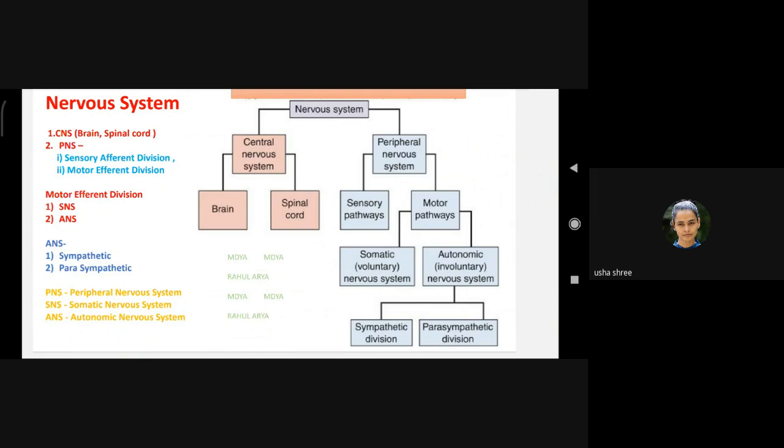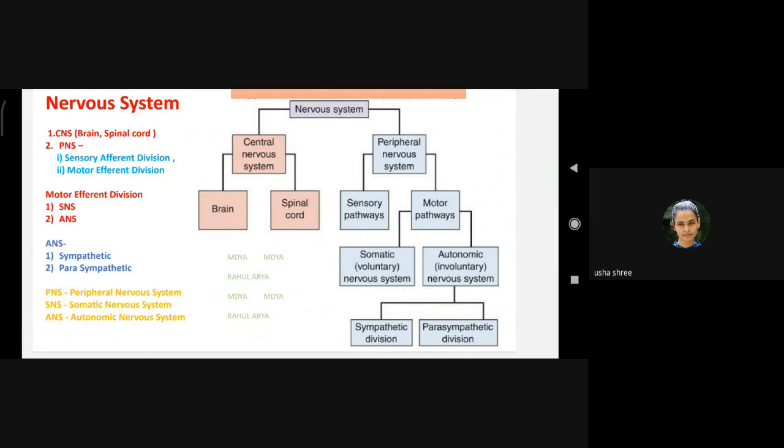So what does the central nervous system consist of? The central nervous system consists of the brain and spinal cord. Means our head or brain and the extension of the brain, that is the spinal cord, make up the central nervous system.